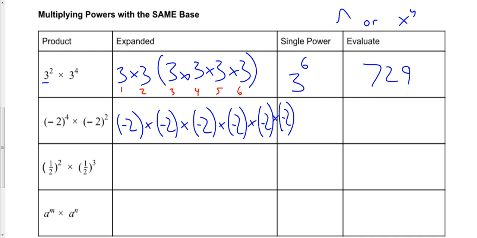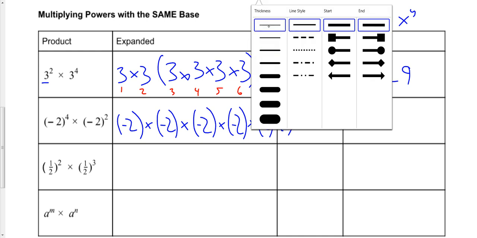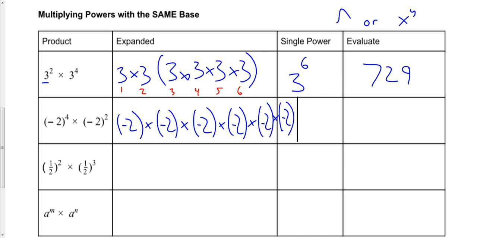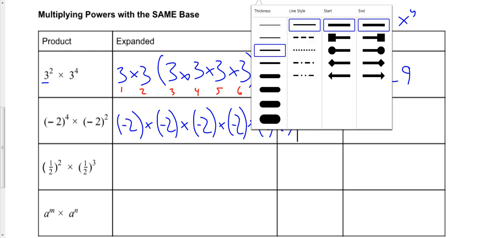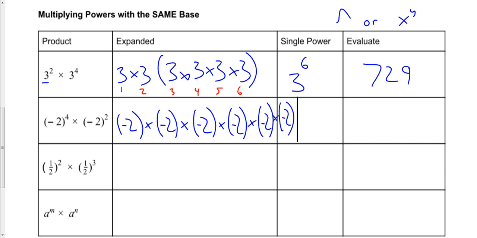In this case, I'm multiplying negative 2 six times: 1, 2, 3, 4, 5, 6.